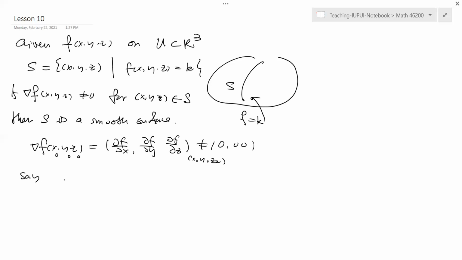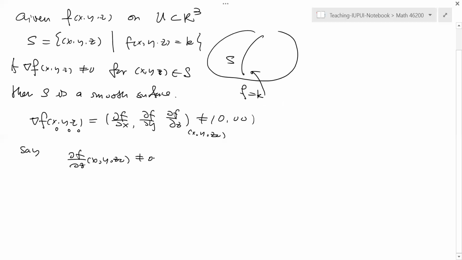So you can assume that this is not going to be 0. If this is not going to be 0, then in the neighborhood it is not going to be 0. So that means one can solve this equation for z.